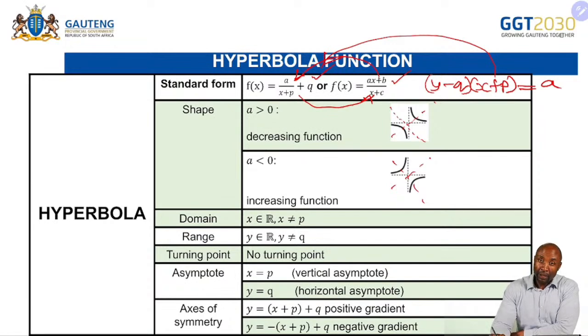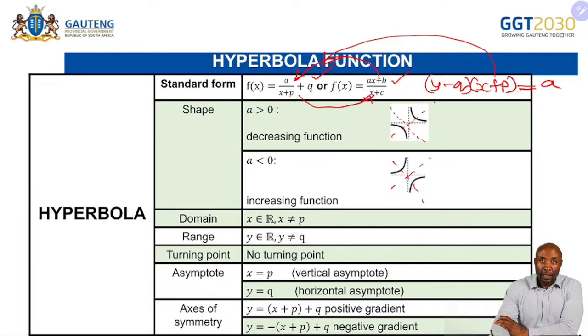And please be careful here. When the question asks you to give the equation of the asymptotes, please avoid using p equals, q equals, because those are common mistakes that we make. Our equations must always be x equals, y equals for the asymptotes.